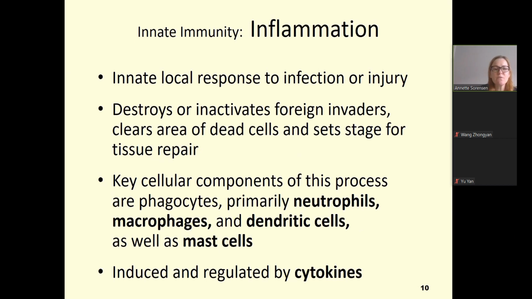Now, the inflammatory response not only destroys the pathogen, it also clears the area of dead cells, and then it sets the area up for tissue repair, because all this tissue obviously has to be repaired after it has been damaged. The key cells involved in this process are the phagocytotic cells: neutrophils, macrophages, dendritic cells, but also mast cells. And we'll see in a minute why the mast cells are also important.